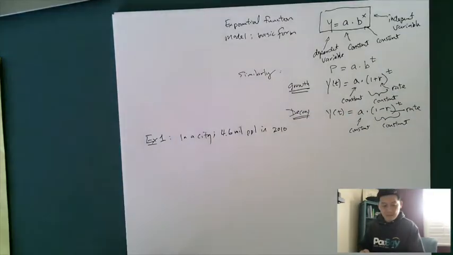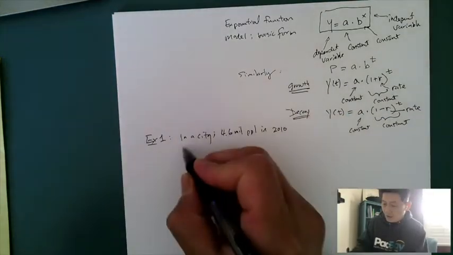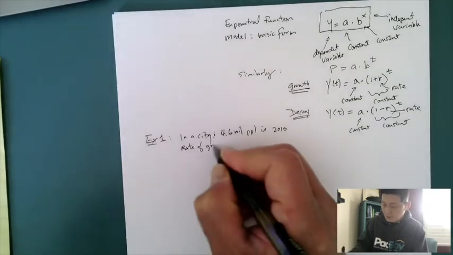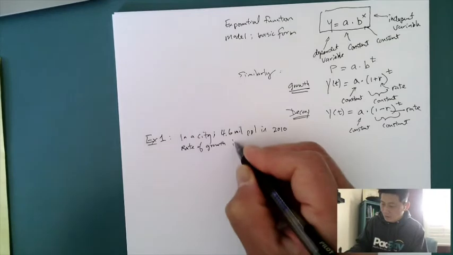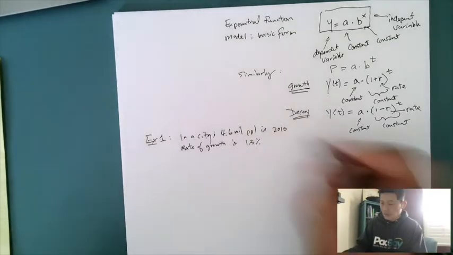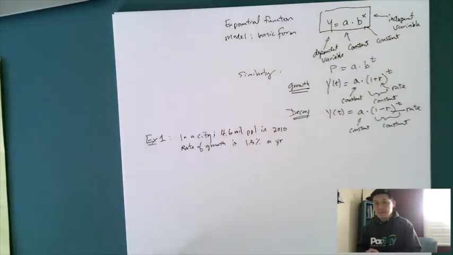Okay, in a city. And the problem says that the rate of growth is 1.3% a year.